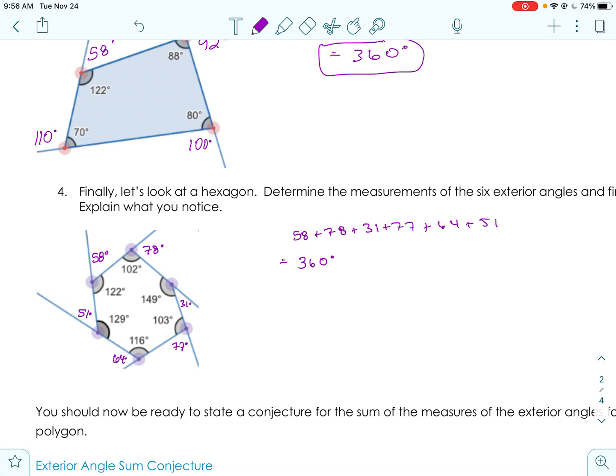I believe what happened here is, since I created this in Desmos, one of these angle measurements is off because Desmos likes to round up. So I'm not sure which angle that would be. We'll change this to 102, which would change this to 78. So change this to 78 here, and that would give us 360 degrees.